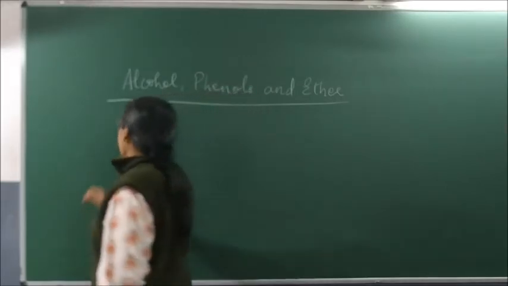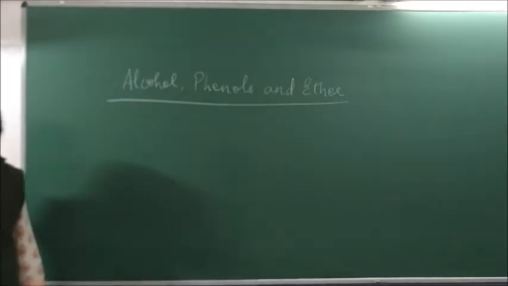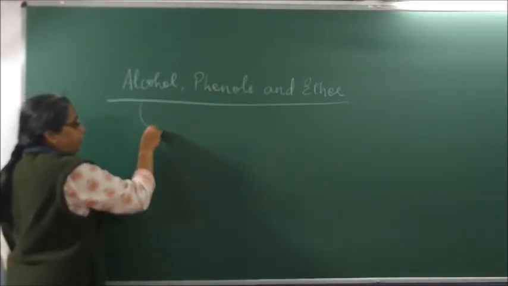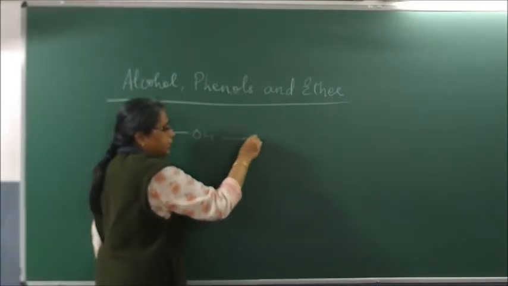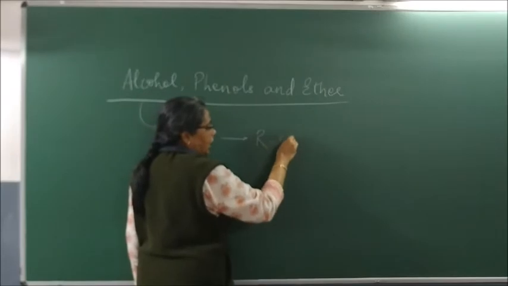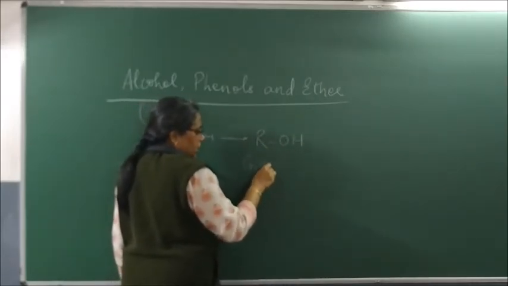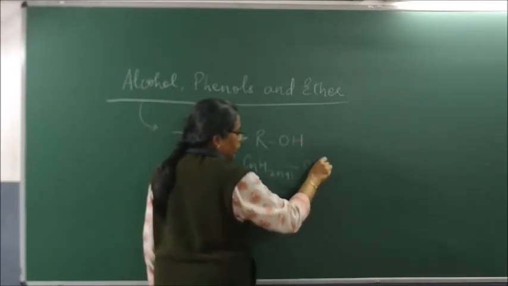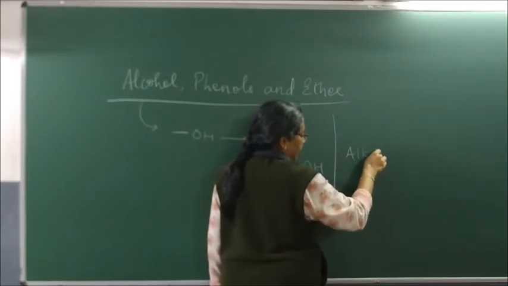Now, first of all, we will discuss what is an alcohol, what is phenol and what is ether. Alcohols, we know, have a functional group what? OH. Alcohols are generally represented as ROH. They have a general formula CnH2n plus 1 OH. In IUPAC, alcohols are called as what?